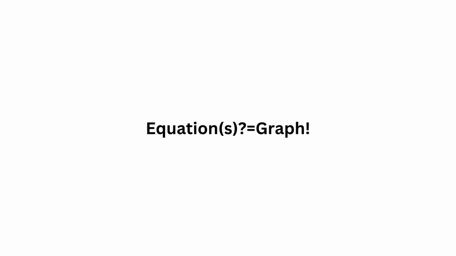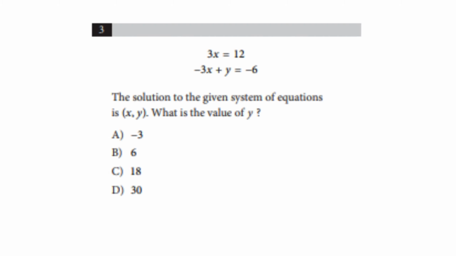So if you see equations and you're not a master at equations, I suggest to just graph. You have Desmos, a Desmos calculator, which can help you graph. I'm going to go back and record a short clip of me doing this on Desmos, but it's really simple.